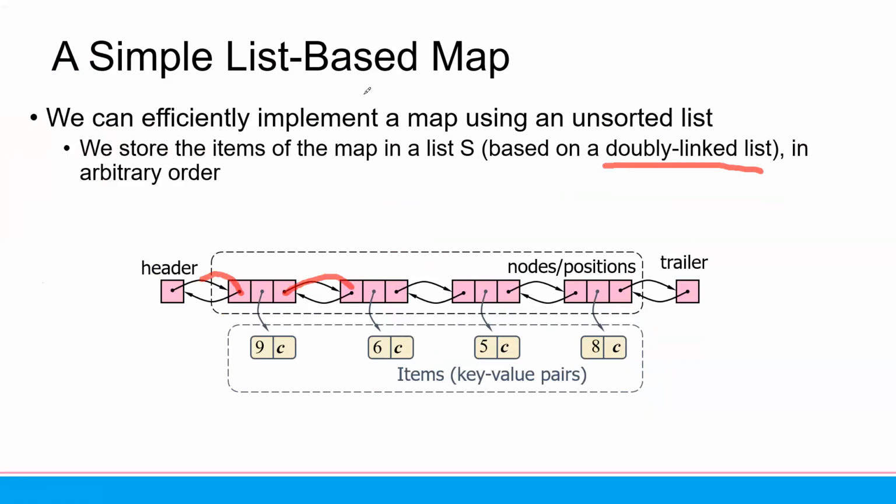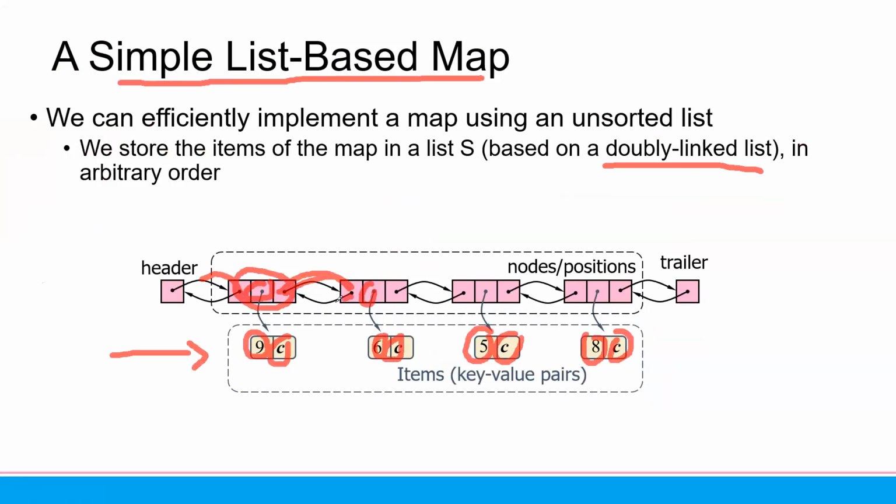So we can simply implement the list-based map like this one. The element will be the key and value, key and value. Then this node has a connection with the next node, and this node has the connection with the previous node.